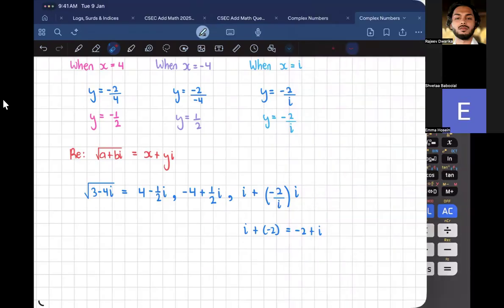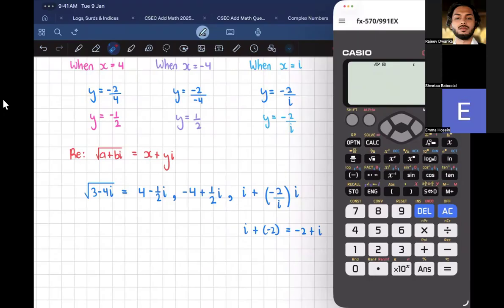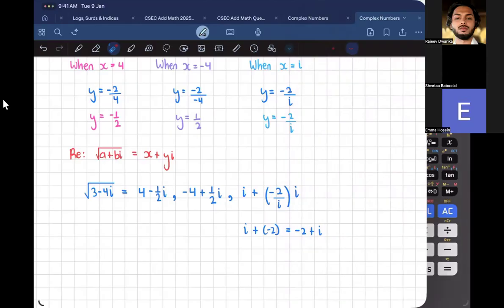Let's try minus 2 plus i and see what happens. Minus 2 plus i squared, okay, that works. Are there some values that work and some that don't? It's supposed to work. It's supposed to get all the answers. That's weird.